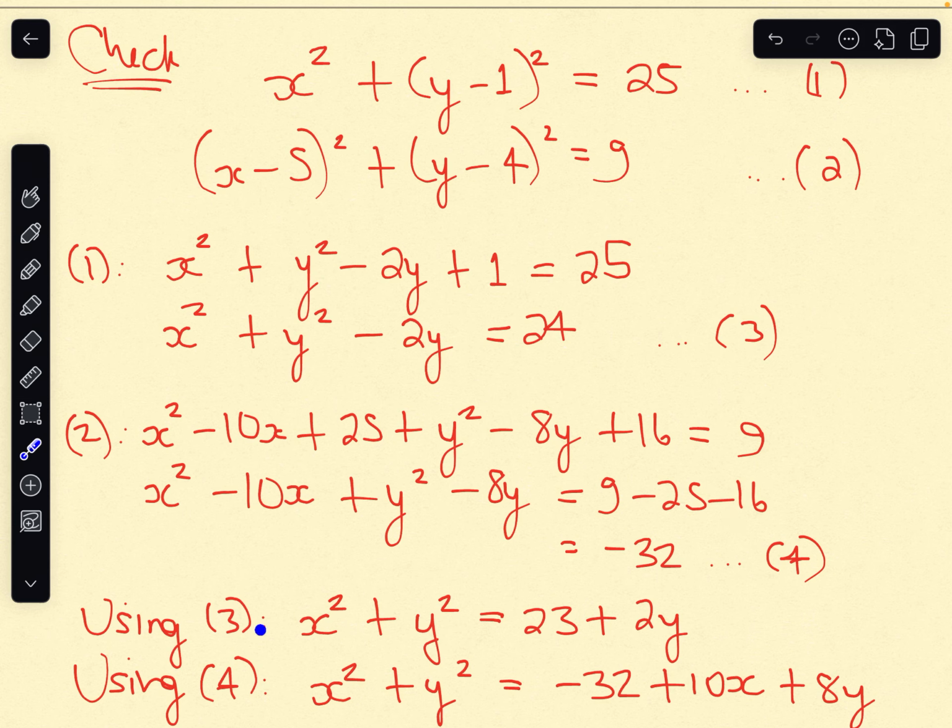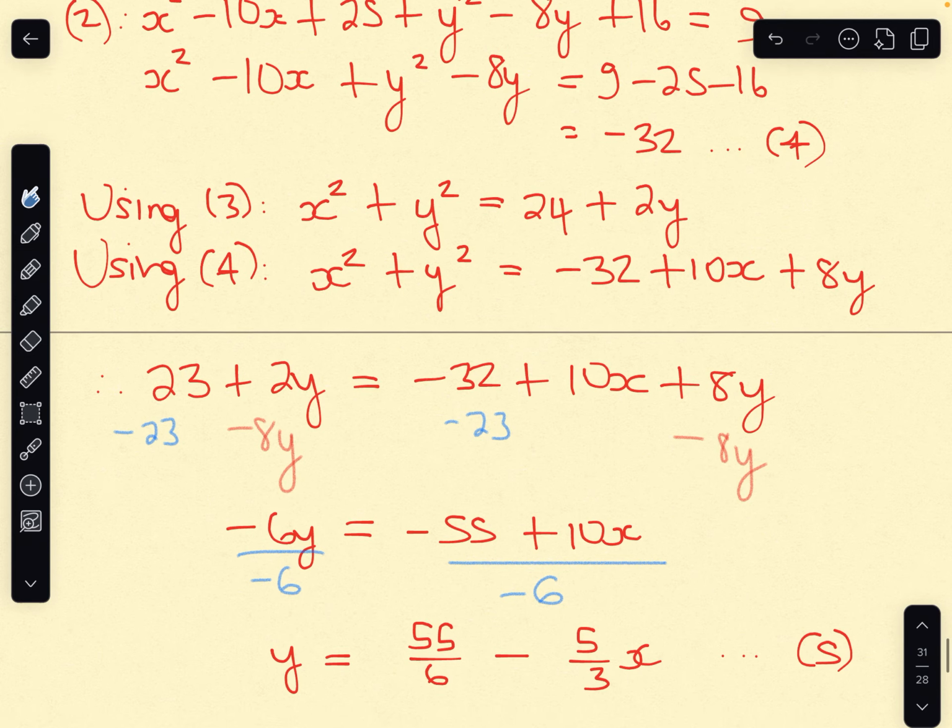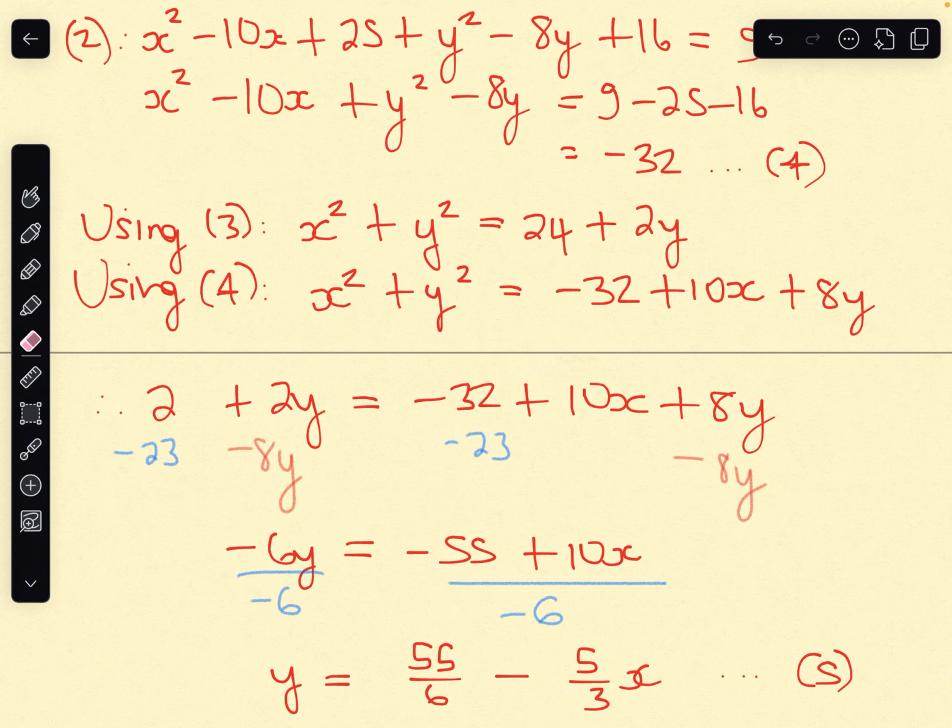So now using equation 3, it's 24, not 23. Oh, no wonder it's so close. Oh my goodness. We actually end up with that. And then the second equation ends up being x squared plus y squared is equal to minus 32 plus 10x plus 8y. Happiness.